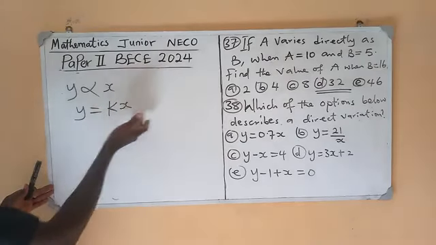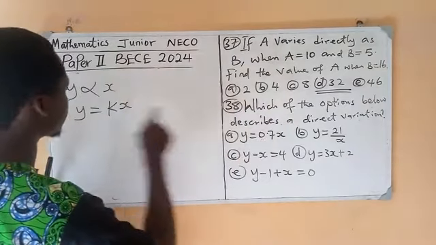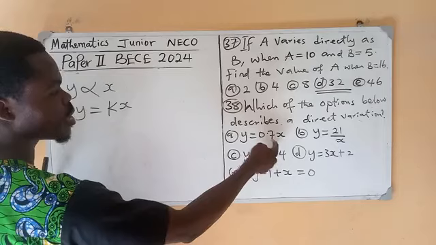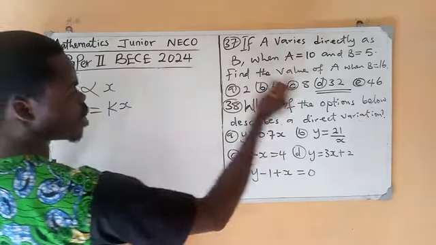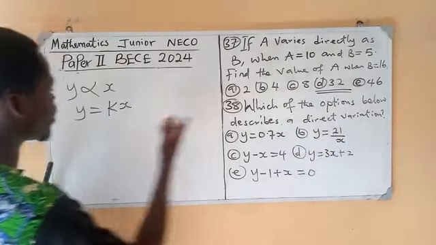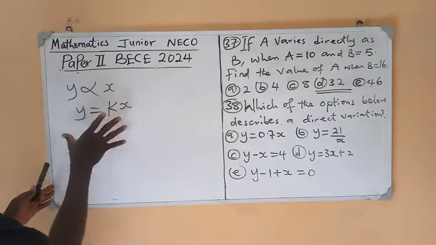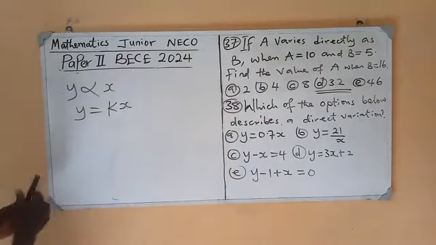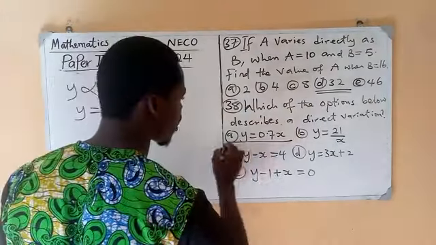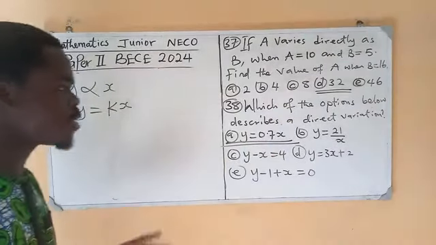Looking at A, we have y equal to 0.7x, so k is 0.7 and then we have x. You can see that B is different from this, C is different, D is different, and E is different. So the correct option is A. A describes a direct variation.